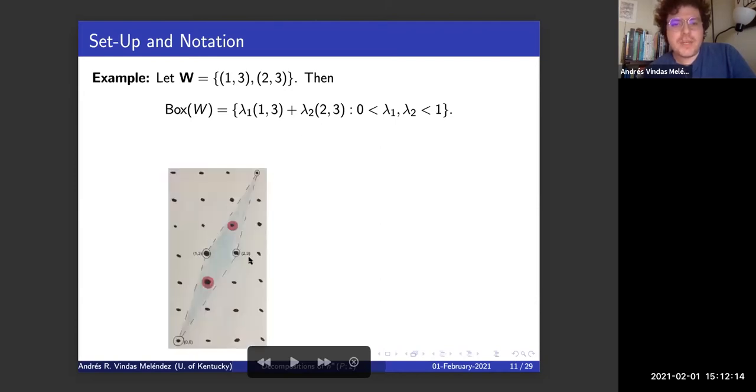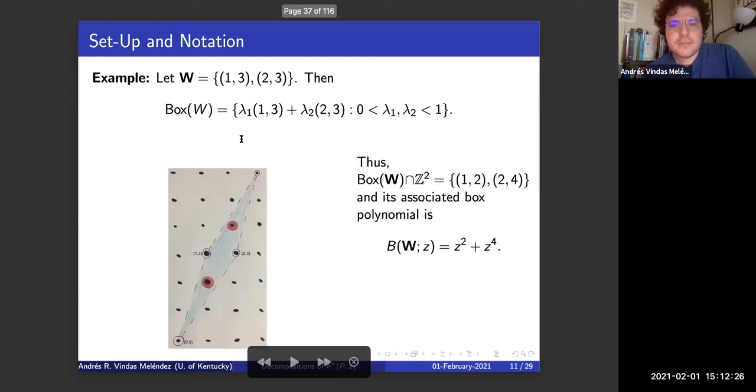Well, here is (1,3) and (2,3). And now I take my box. Notice that this box is an open parallelepiped, so I don't care about the integer points on the boundary. And so what are the lattice points inside the box? That's these purplish, pinkish colors, (1,2) and (2,4).